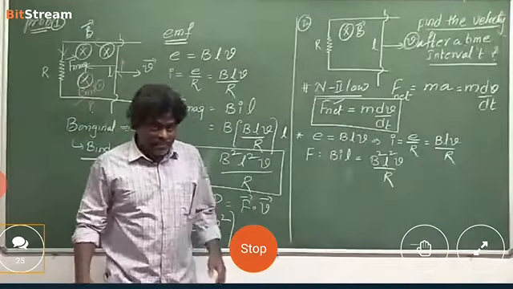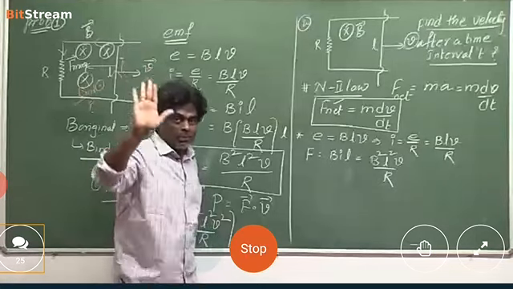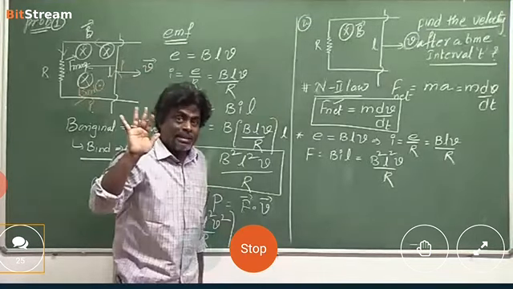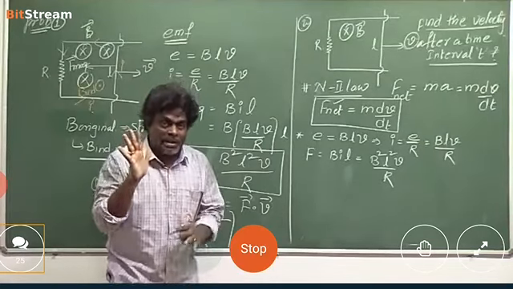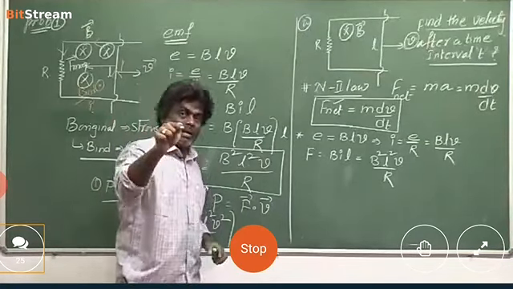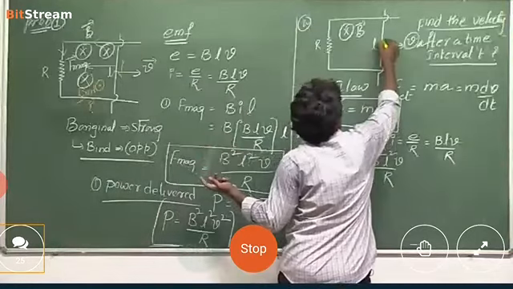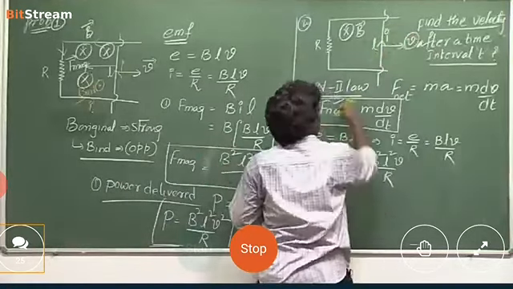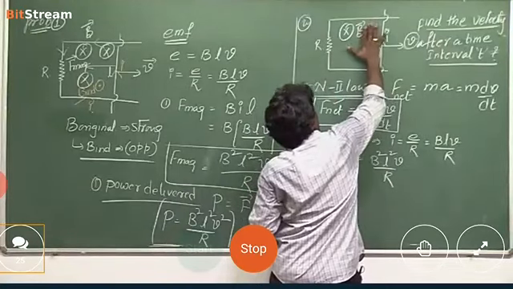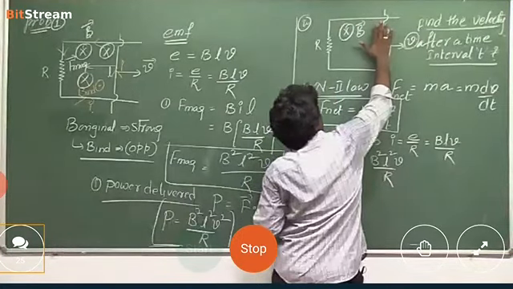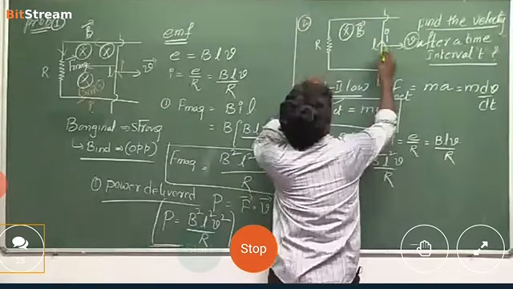Now immediately you have to find the direction of the force. Right hand: fingers current, thumb force, palm magnetic field. Which magnetic field? Original magnetic field. We have already seen the current is like this, so palm into the board, fingers current direction, thumb force.